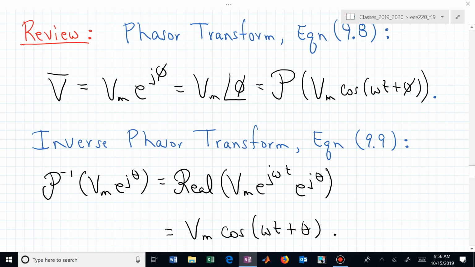So when I now say go into the frequency domain and I give you a cosine, you better be able to extract the magnitude and the angle of that cosine. And you probably want to keep on the side, I'm kind of joking, but you need to keep track of the omega, because it might come into play at certain points in the calculations.